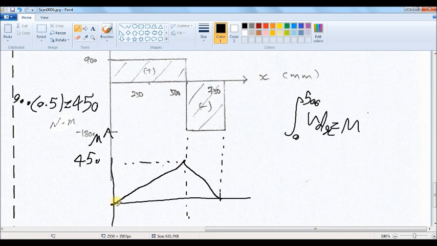As you can see, the slope of the line is positive because the area of the shear force is positive. And then I have to draw a line with positive slope.